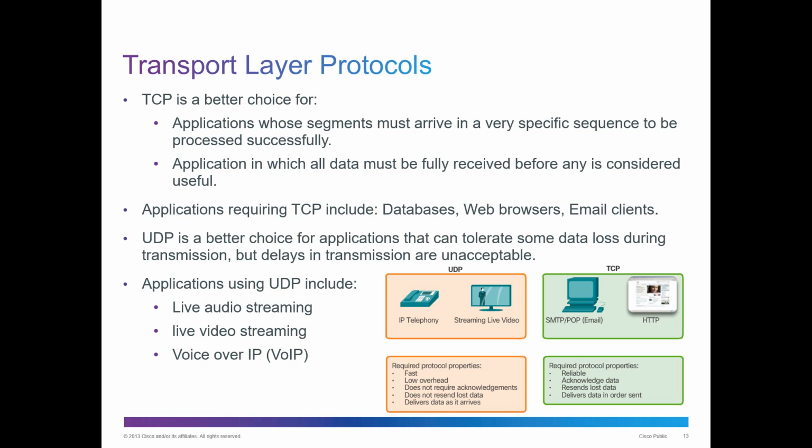That would be more of a consistent thing, that you would talk and then maybe 4 seconds later your recipient hears what you said, because it's making sure that your entire sentence is intact before it decides to send it all away, essentially. So not ideal for those types of applications. Again, applications using UDP include live audio, live video, voice over IP, and gaming.